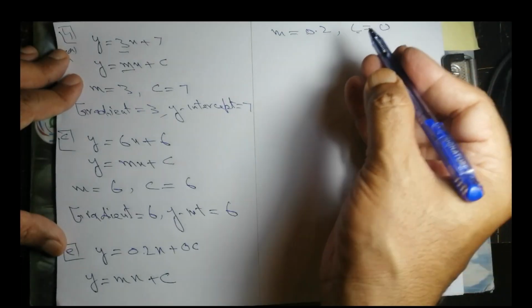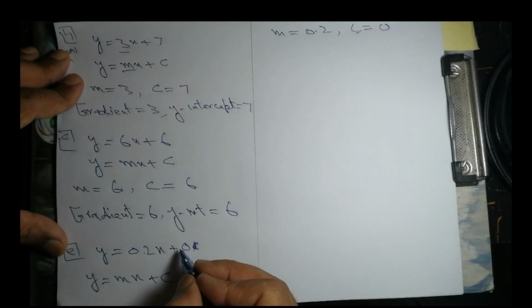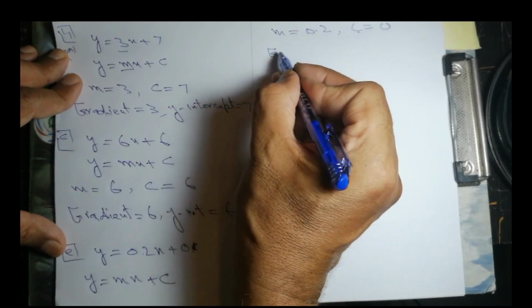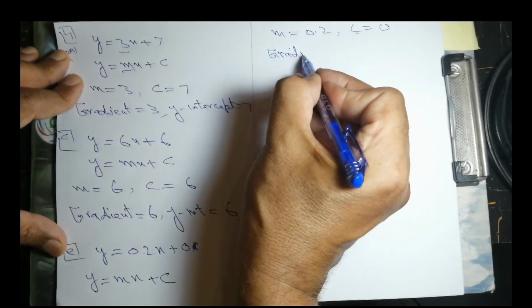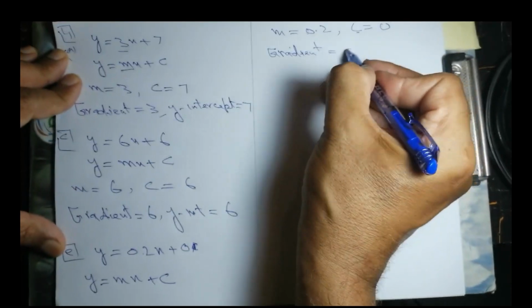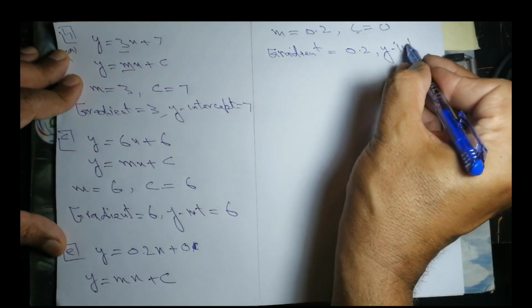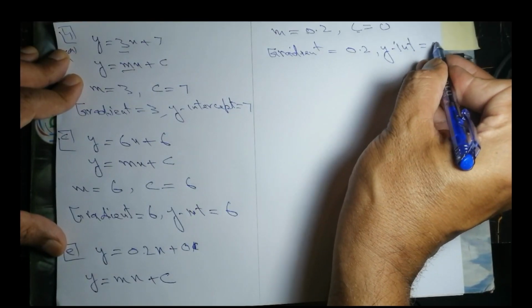So gradient equal to 0.2 and y-intercept that is equal to 0.